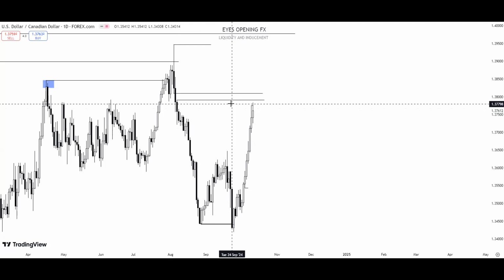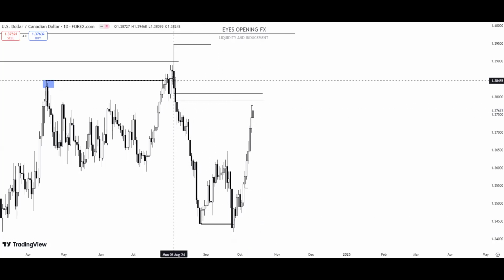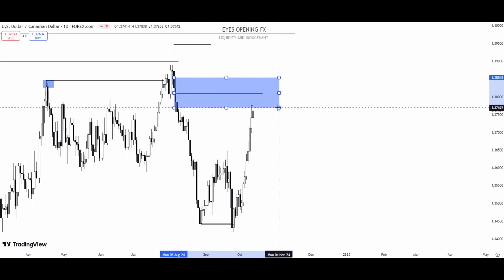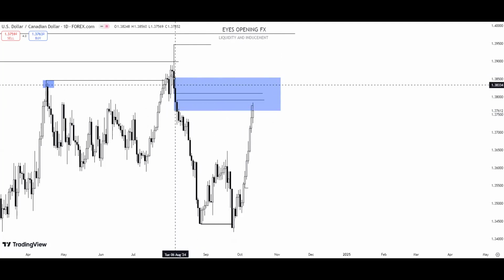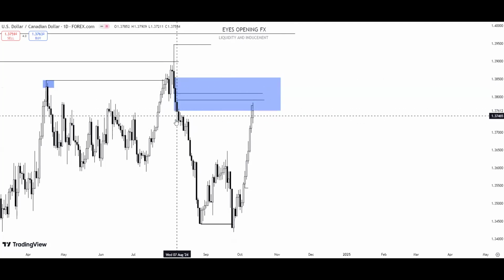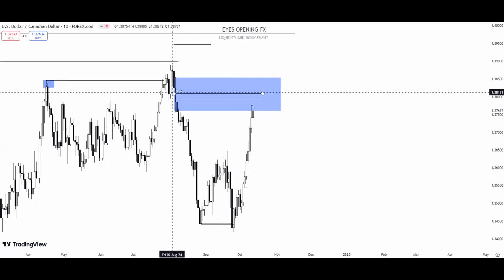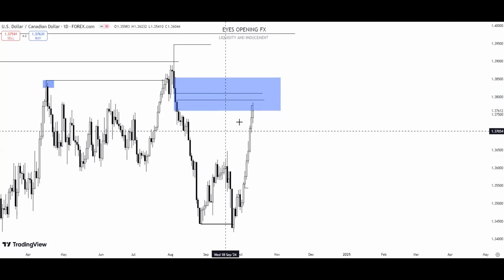But this particular candle right here, this whole bearish candle is my actual PD array. So I will expect price to sell off from this area. Within the candle, we have this imbalance right here.